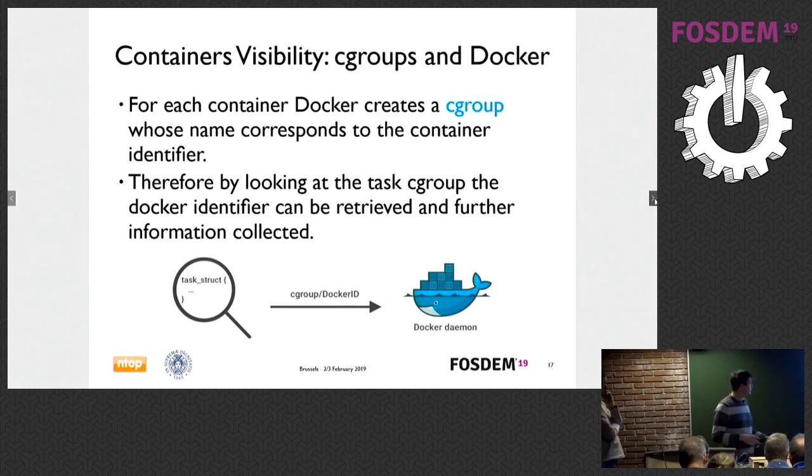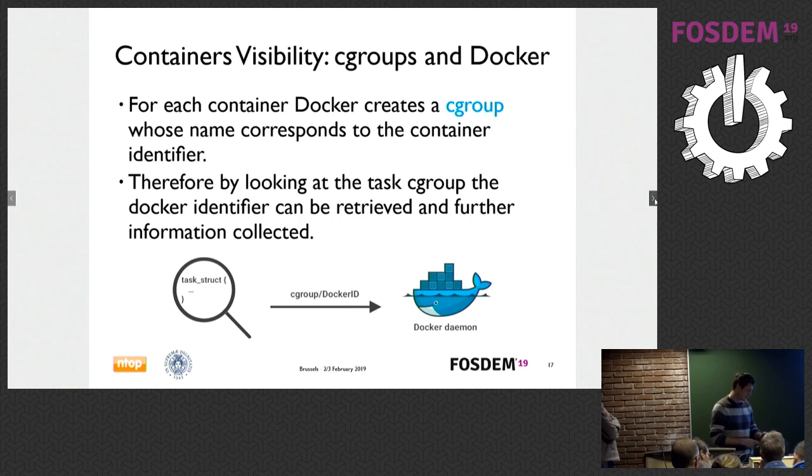To provide visibility concerning containers, what we have done is use the cgroup identifier that we collected from inside the kernel to interact with the Docker daemon, with the Docker API, and gather information concerning the container. This can be done because the cgroup identifier that we have extracted from the kernel structure and sent to user space is the same identifier that Docker uses to track containers.